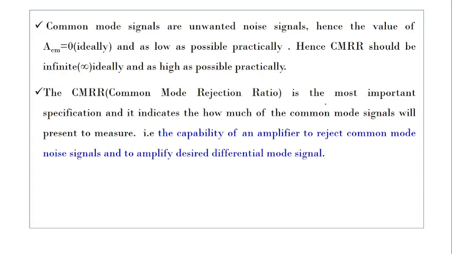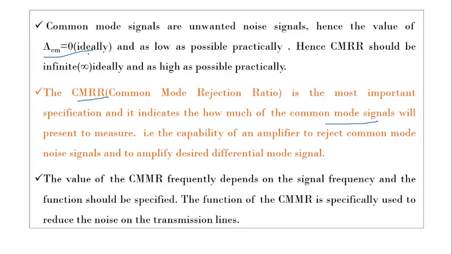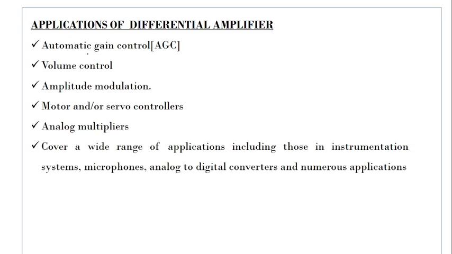This is the most important thing: how much common mode signal is present and how much we are going to eliminate is determined by this CMRR. Generally ACM is 0, whereas AD is going to be infinite in nature. These are a few applications of differential amplifier: automatic gain control, volume control, amplitude modulation, servo control, analog multiplier.